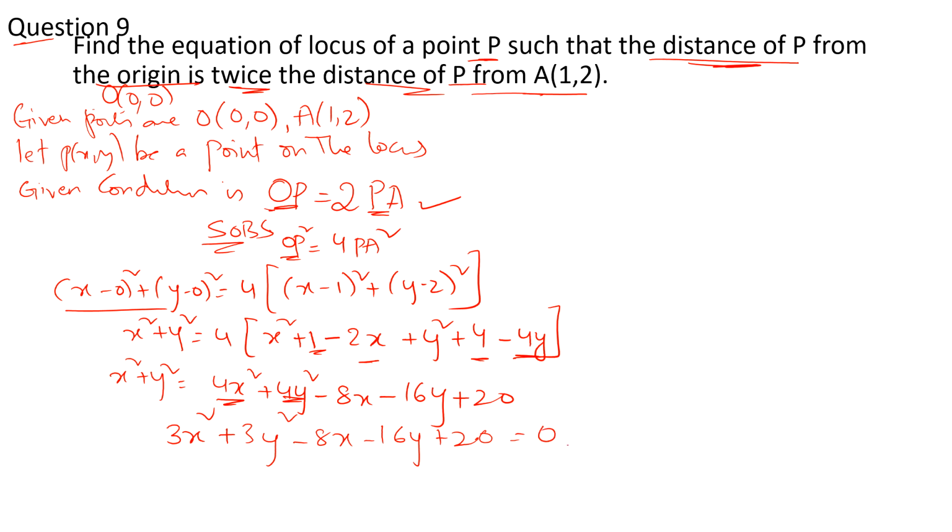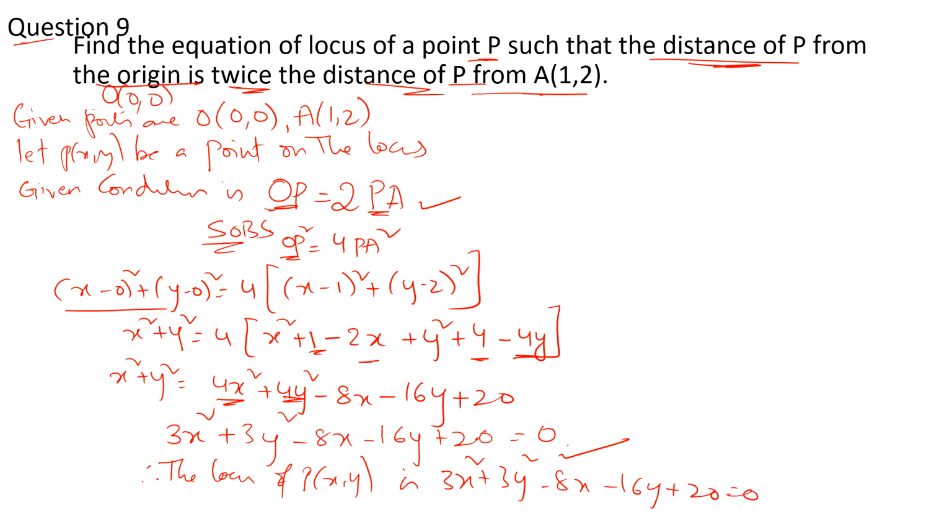We can't take anything common here. So this is the final equation. Therefore, the locus of P(x, y) is 3x square plus 3y square minus 8x minus 16y plus 20 is equal to 0. So this is the final answer.